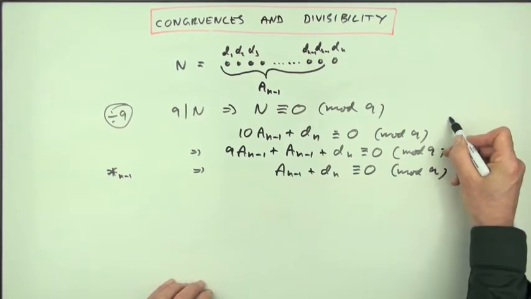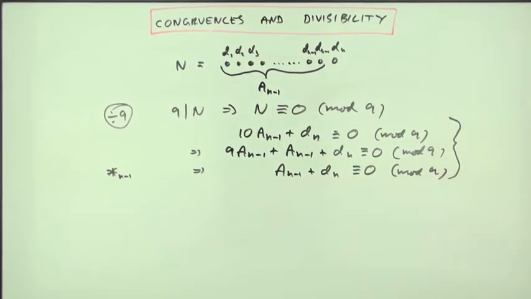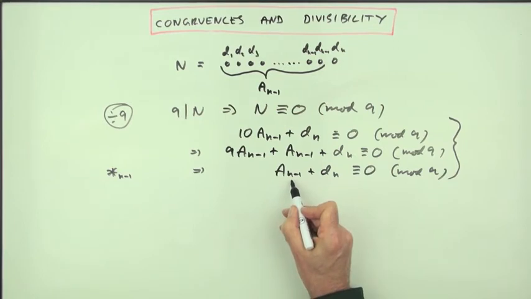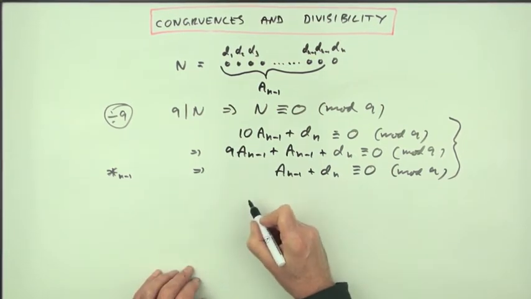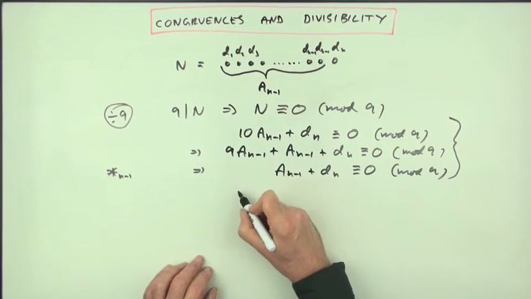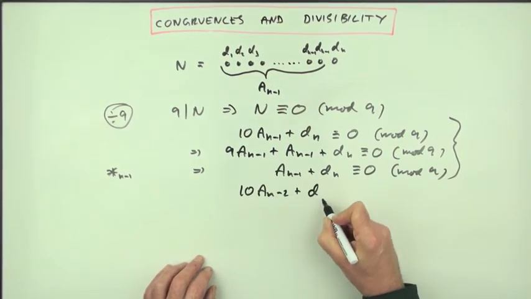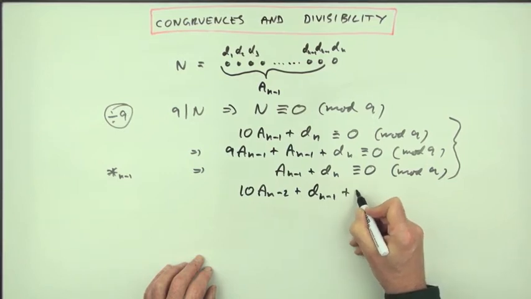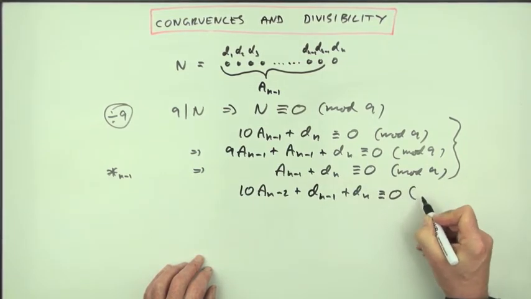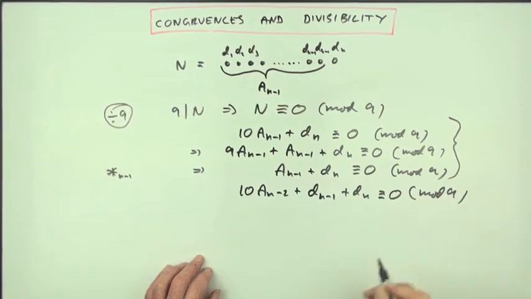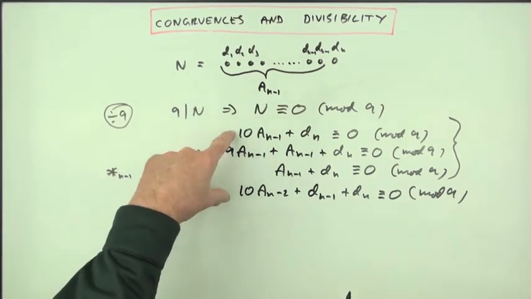Taking the similar step to this, breaking up a n minus 1 now, would give you this next group. 10 a n minus 2 plus d n minus 1 plus dn is congruent to 0 mod 9. And that would just be starting at this point.